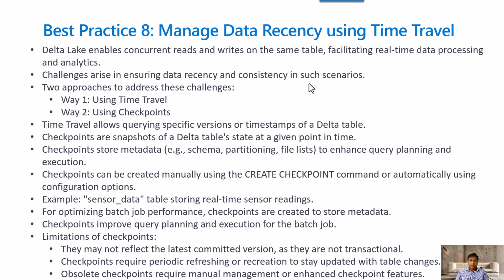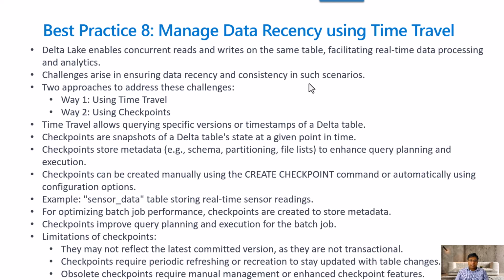They store the schema, partitioning, or file list, and this way you can create a snapshot and enhance the query performance. A checkpoint can be created with a create checkpoint command. One example could be if you have sensor data which keeps on coming, you can create a checkpoint so that at the time the checkpoint is created, you have that snapshot of the data. For optimizing the batch job performance, checkpoints are created to store the metadata.